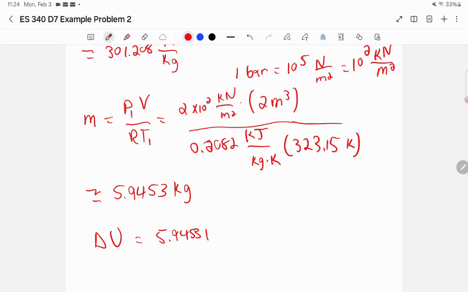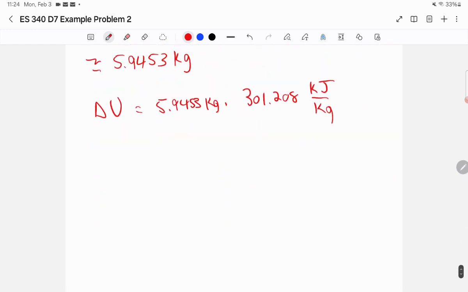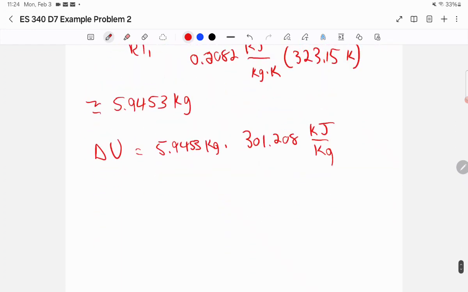So delta U, capital U, is equal to 5.9453 kilograms times 301.208 kilojoules per kilogram, and that was the value that we found up here for delta little u, which is equal to 1,790.772 kilojoules.